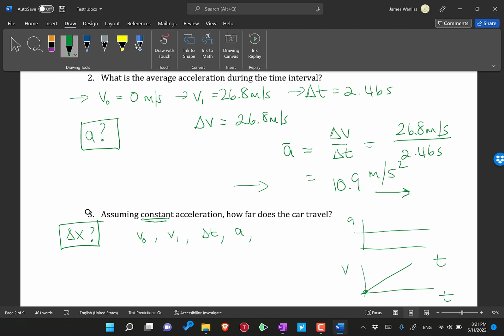We want to find delta x. All right, well, this is a one-dimensional problem, so I can look at my one-dimensional equations on my formula sheet, and I'm basically looking for an equation that has maybe these things, or one or more of them, combinations perhaps.